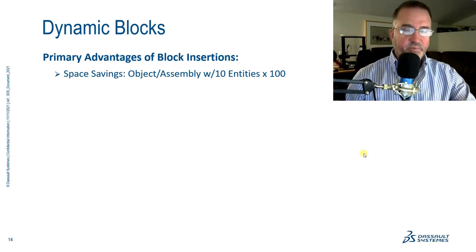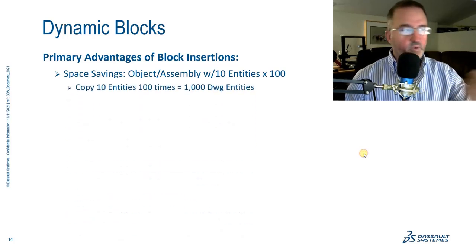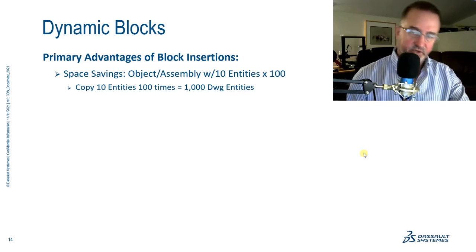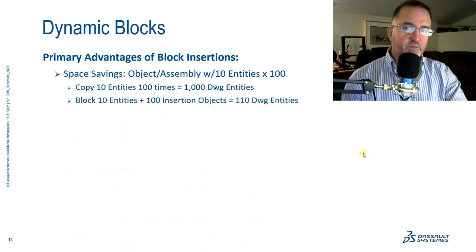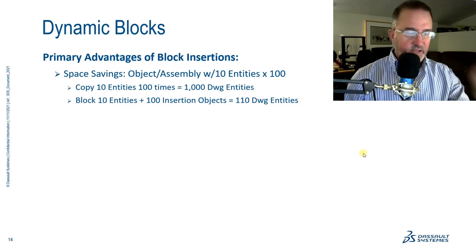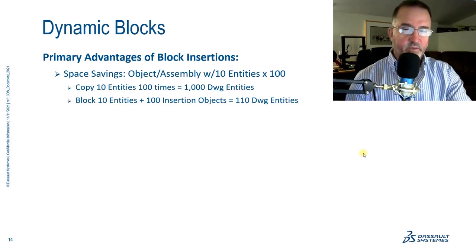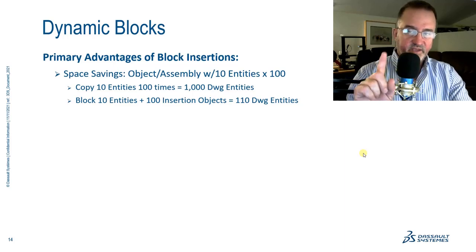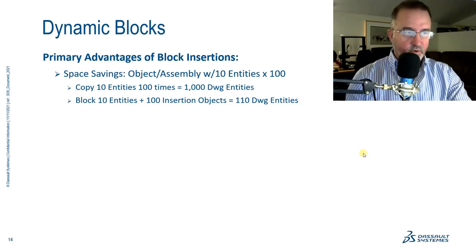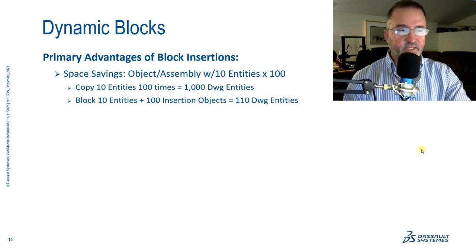If I need to replicate that 100 times in my drawing, well, if I simply copy those objects 100 times, I have 1,000 entities in my drawing. However, if I create a block out of those 10 entities and then I just insert that 100 times, technically each insertion is only worth one entity. So I really only have 110 entities, the original block definition and those 100 insertions.